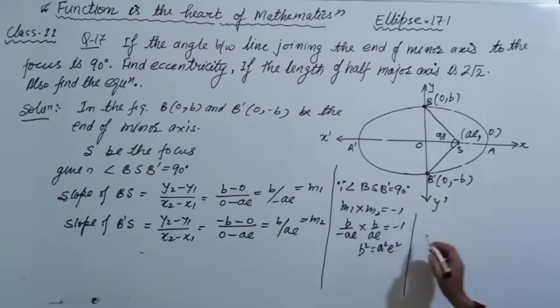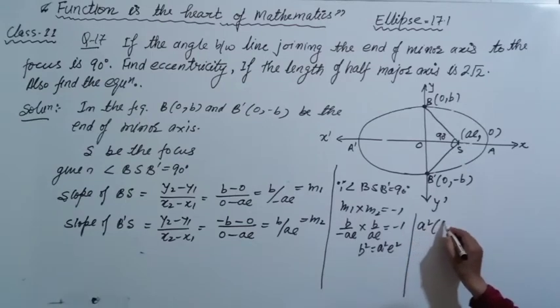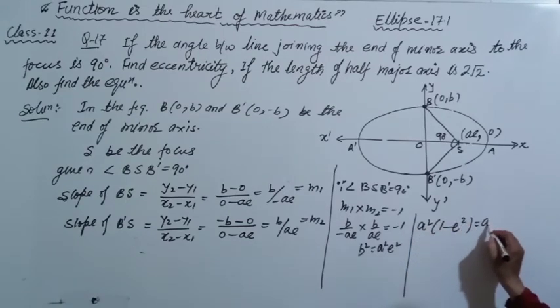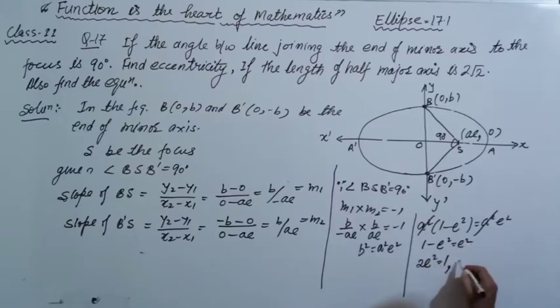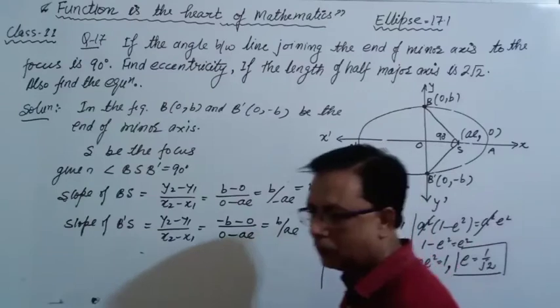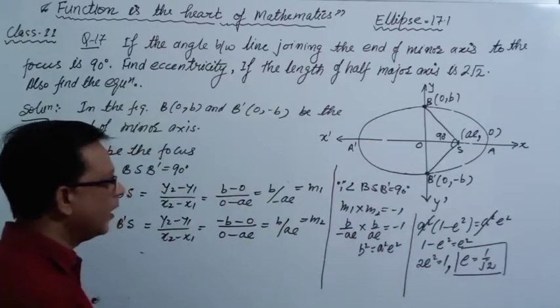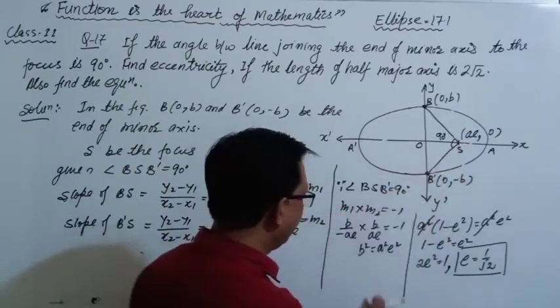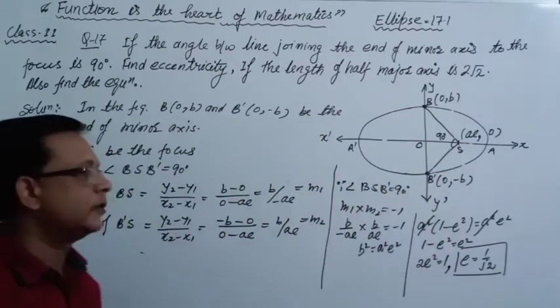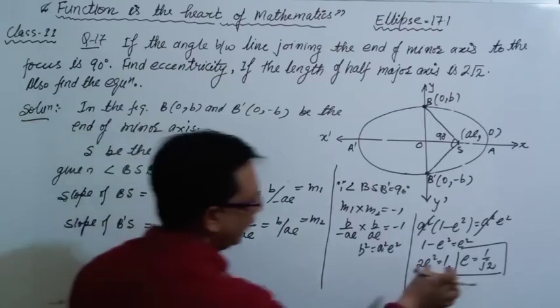Now students, in place of b square we write the formula a square into 1 minus e square is equal to a square e square. This cancels out. 1 minus e square is equal to e square, 2e square is equal to 1. It means e is equal to 1 upon root 2. So this is your eccentricity. Here we find the eccentricity, and the important point is if BS and B dash S are perpendicular, then the product of slopes is minus 1. Okay.